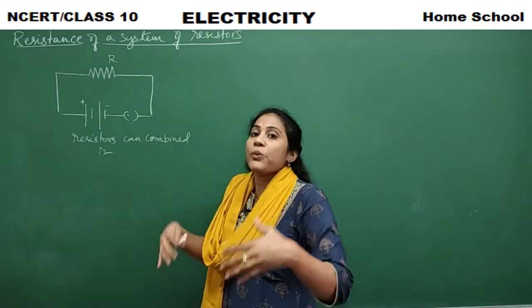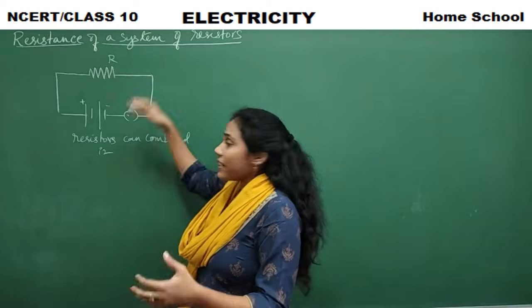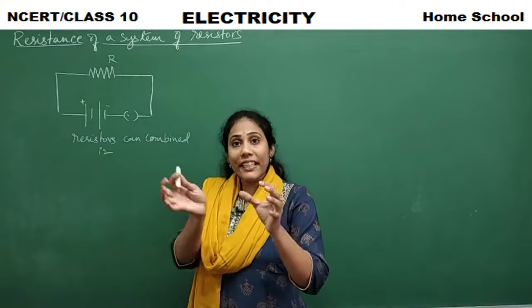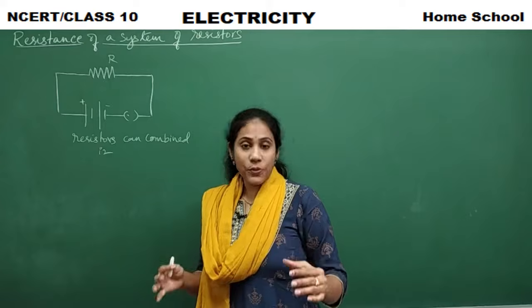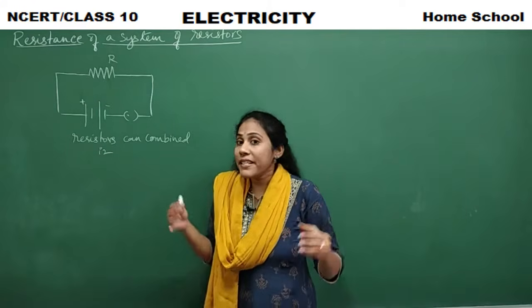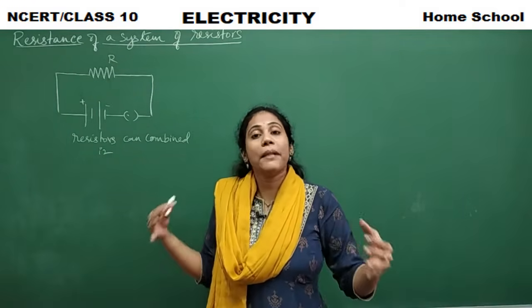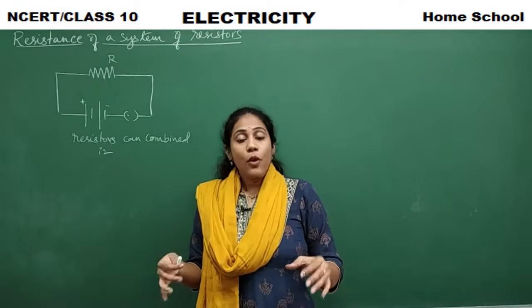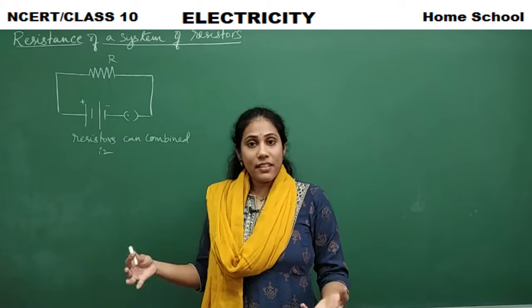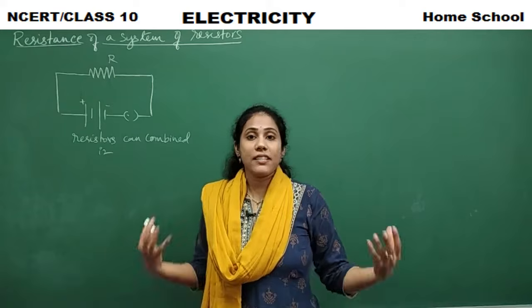That means you can connect different resistors in series, you can connect different resistors in parallel also. So we are going to study how we can connect them in series, how we can connect them in parallel, what happens in series resistors, what happens in parallel resistors, all of them we will discuss in detail.